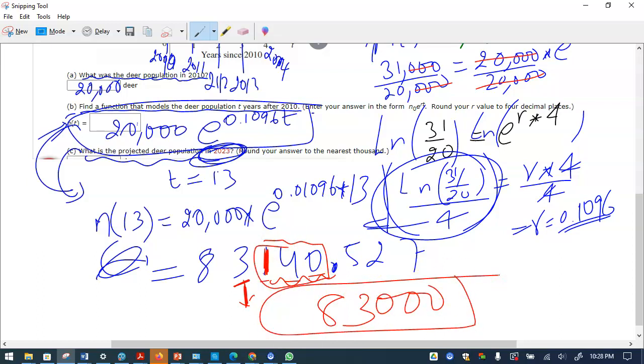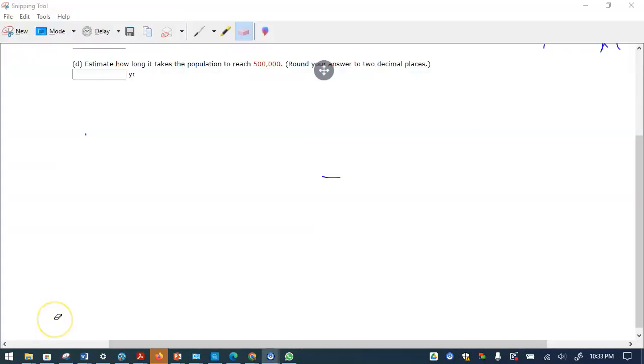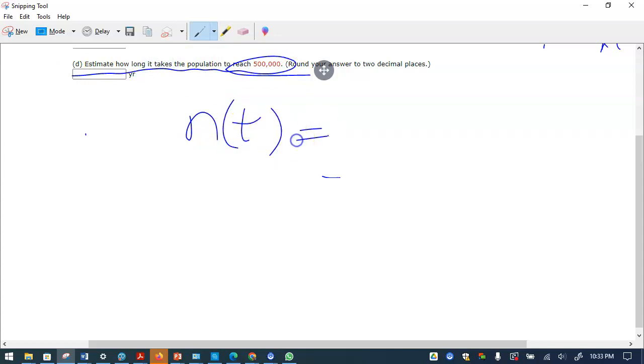And the last question, so the next question, there's another question. After how long will it take the population to reach 500,000? The formula that we modeled was 20,000 times e raised to 0.1096t.